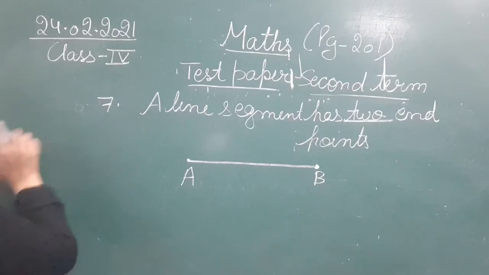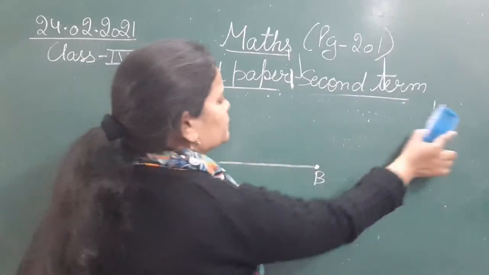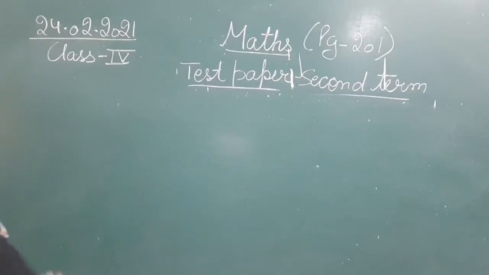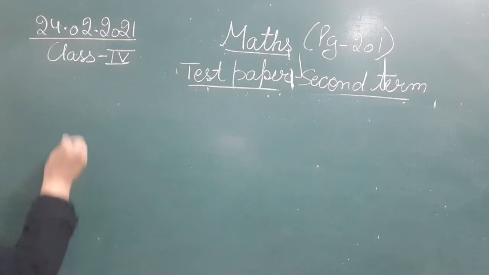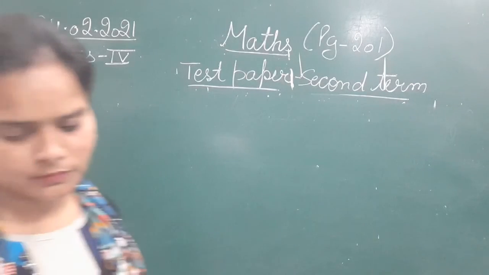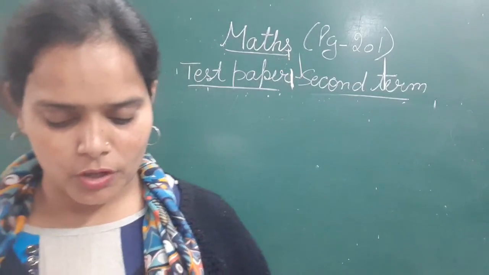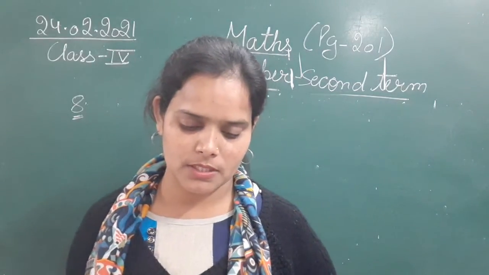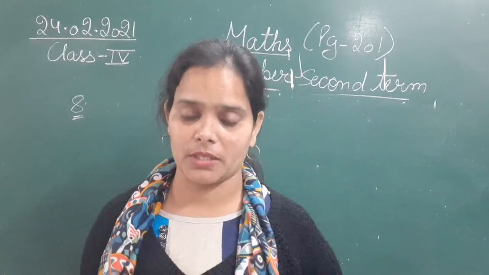चलिए, let's move to the 8th one. The 8th question is, 40 meter 3 centimeter is equivalent to dash centimeter.